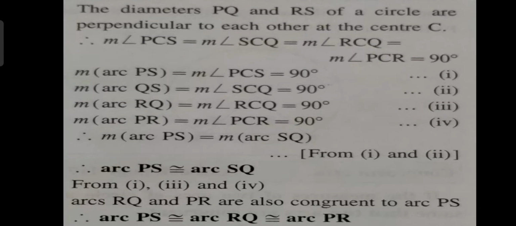So the diameters are PQ and RS of a circle, and they are perpendicular. Perpendicular means forming 90 degrees. So if PQ and RS are perpendicular, all the angles formed are 90 degrees. Therefore measure of angle PCS is equal to measure of angle SCQ is equal to measure of angle RCQ is equal to measure of angle PCR, that is all 90 degrees.